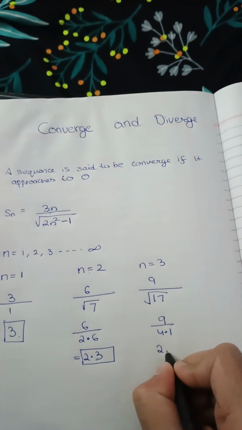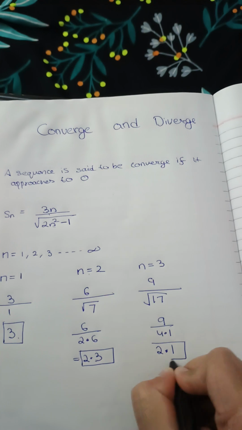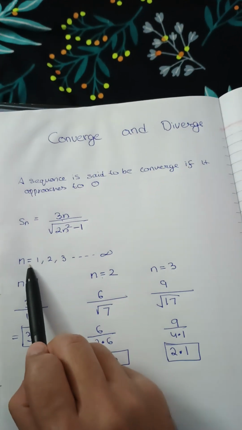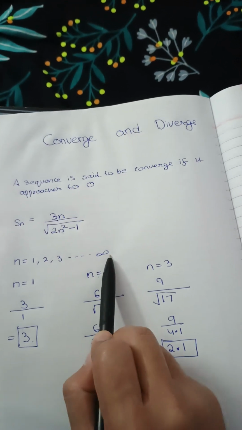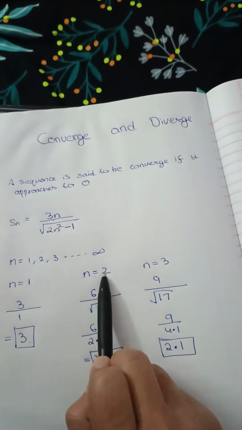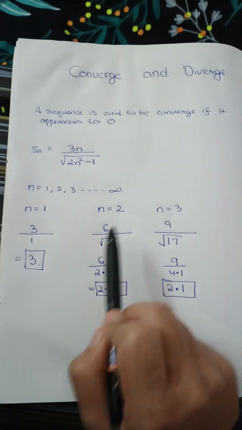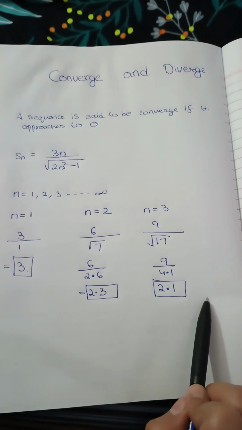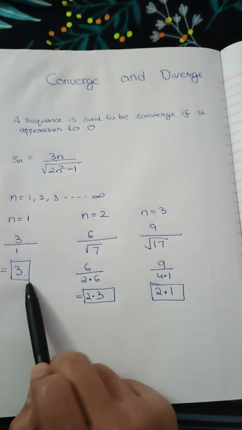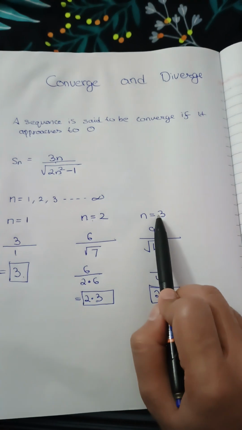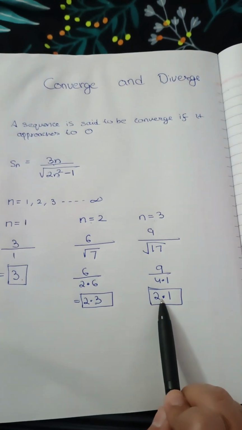Here we can see that the value of n is increasing. As n increases from 1 to 3, the answer is decreasing. For 1 we got 3, for 2 we got 2.3, for n equals 3 we got 2.1.